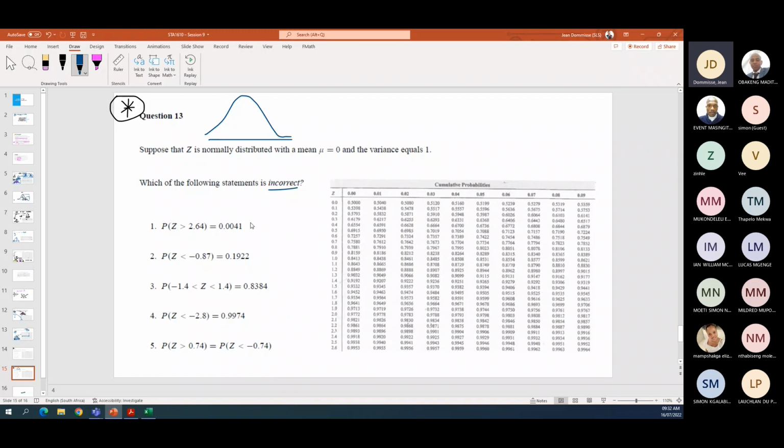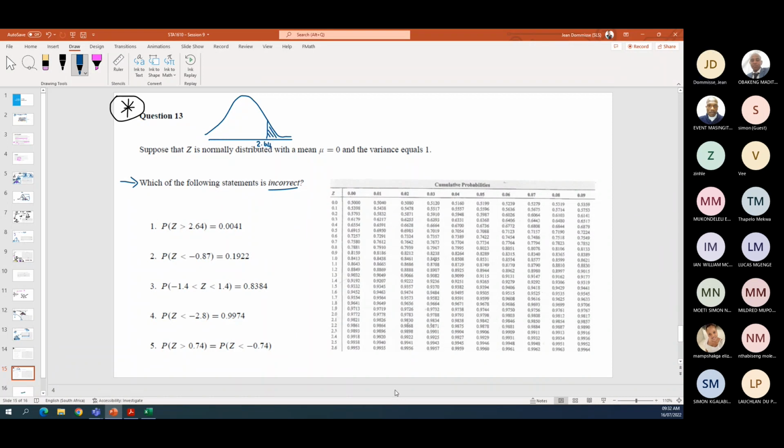So unfortunately, it's very difficult. Okay, so let's first do it this way. If you look at 2.64, and that's why I want all of them on one.